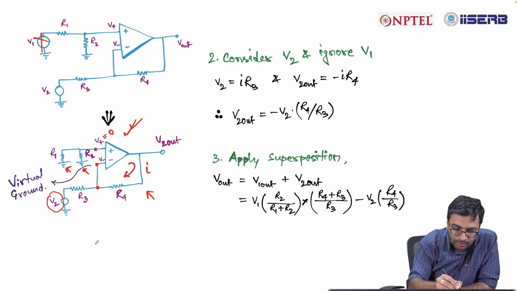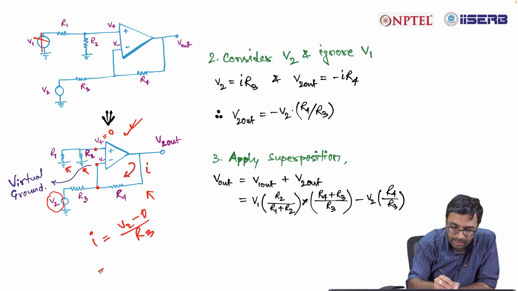So your I should be V2 minus 0 divided by R3, that means V2 is equal to I R3.